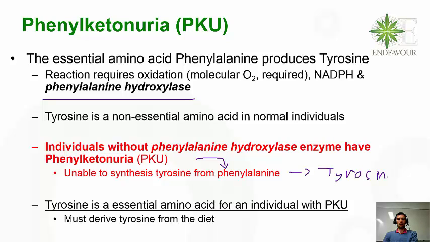So essentially we have a break in the pathway here. We're not able to convert phenylalanine into tyrosine due to the lack of this enzyme. So in individuals with phenylketonuria, this actually makes tyrosine an essential amino acid because we're not able to synthesize it ourselves, or the people who have this disease at least, and that means they must gain it from the diet instead.